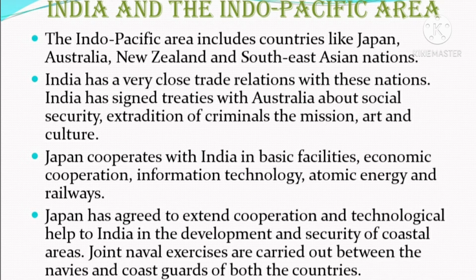Even both the countries conduct joint naval exercises and joint naval activities together. So you can understand that at the border level also, to take care of coastal areas, Japan and India are at the forefront.